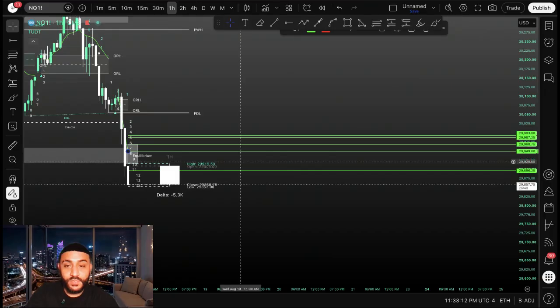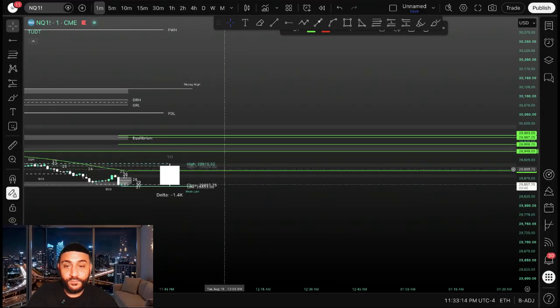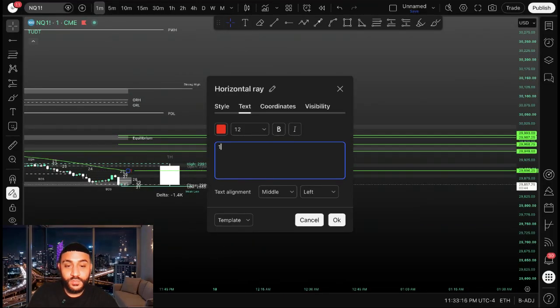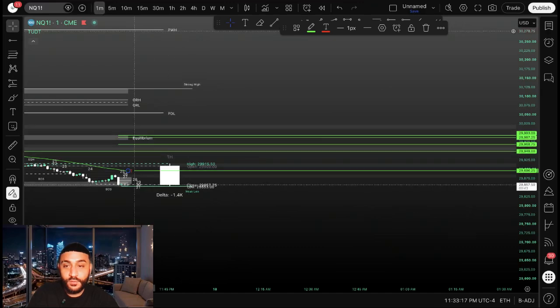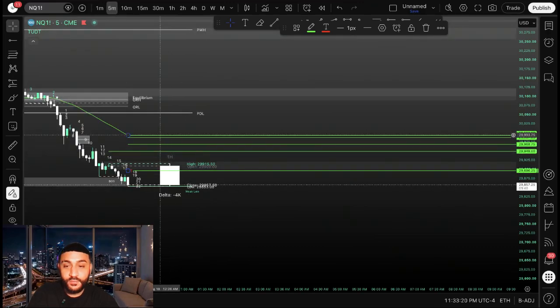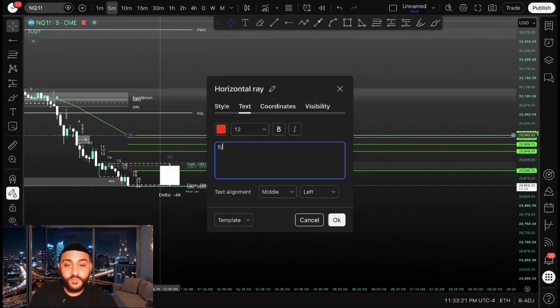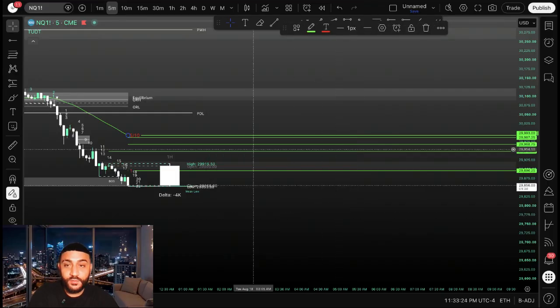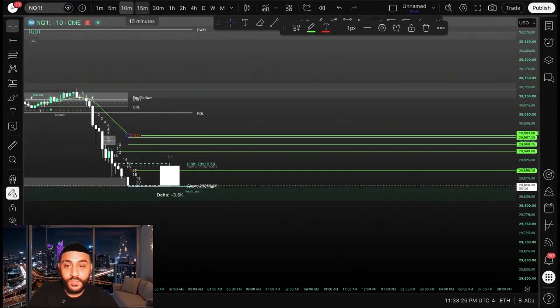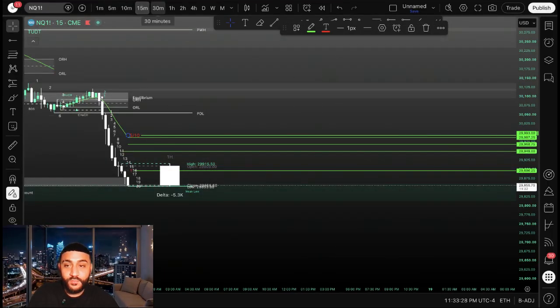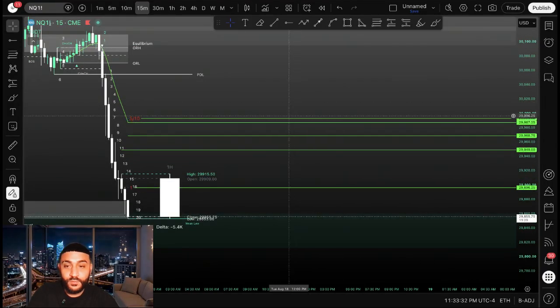So just to kind of go over that again, our 1 minute is right here. So we'll mark this as the 1. Our 5 and our 10 minute are right up here. So we'll mark this as the 5 and the 10. Right? The 10's right there as well. The 15 minute is just slightly below it.